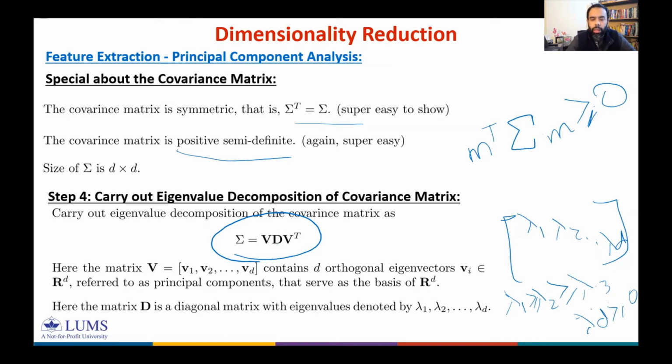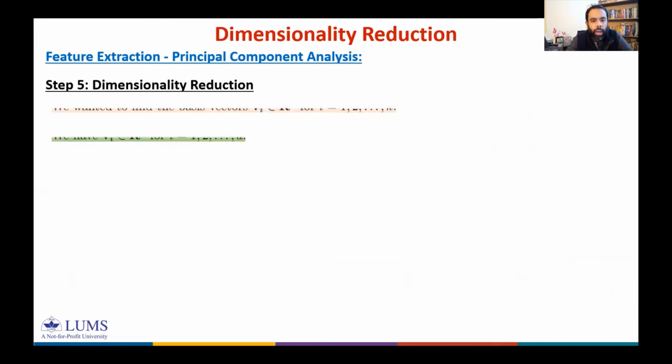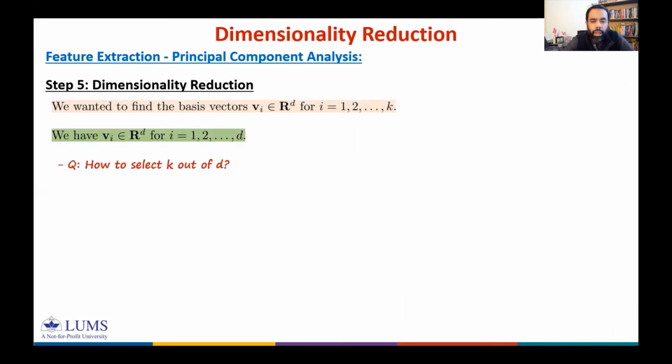That is what we wanted, the first step of this reduction. Once we have the principal components, we simply project the data onto them and you get Z. That's it. If you recall, we needed K out of these D principal components. How do we select K out of these D? The answer is simple.